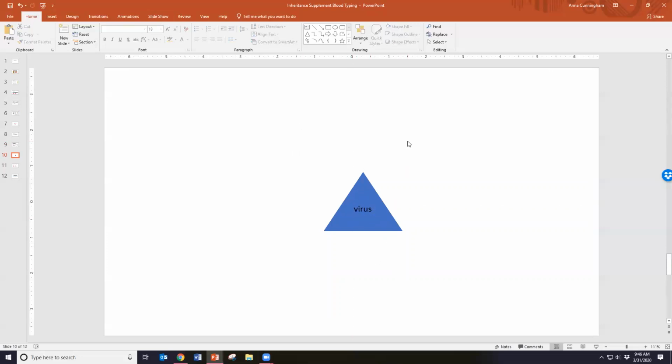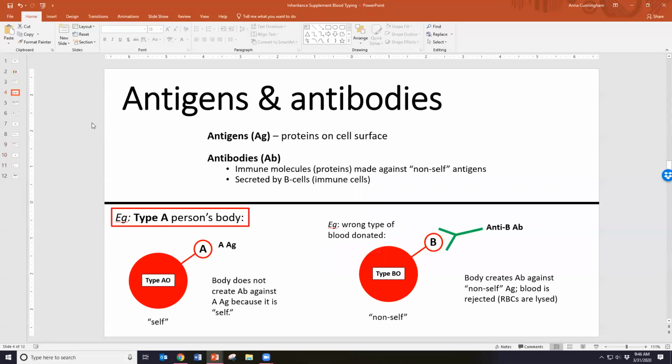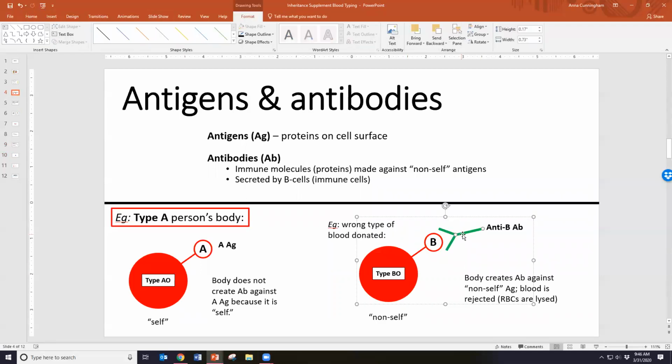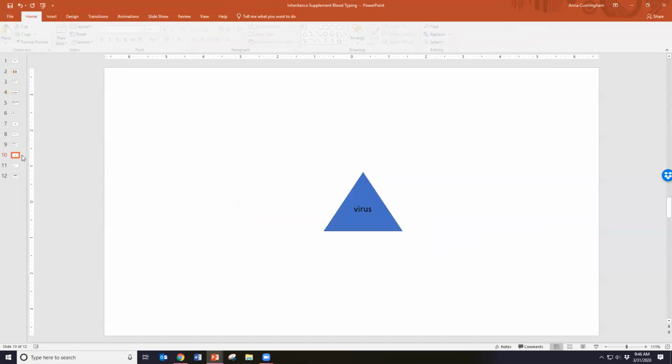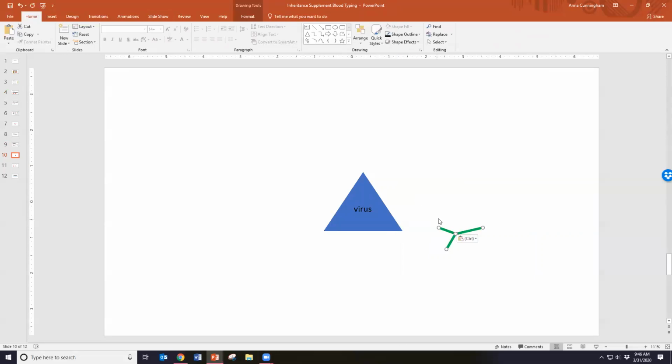All right, so viruses, like I mentioned, have antigens just like everything else. Because this is a pathogenic organism, a disease-causing organism, it doesn't belong in anyone's body. So everybody, because this is a foreign antigen, is going to create antibodies against it.